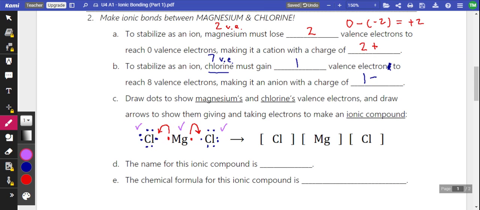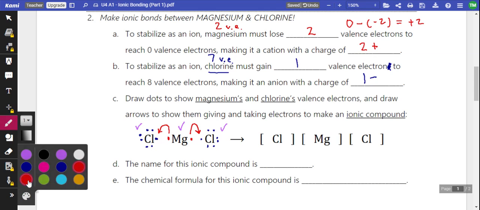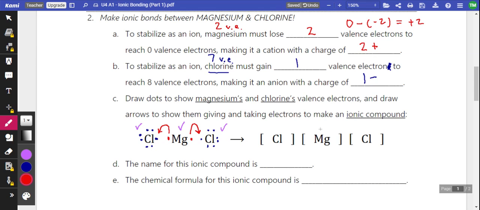All right. So what we would be left with is magnesium with no valence electrons other than the 8 that we kind of have in the energy level underneath what we were looking at, with a positive 2 charge. Again, we show that with a 2 plus up in the top right. Each chlorine has a negative 1 charge, but the 1 is implied, so I can do a little negative sign, and our chlorine had 1, 2, 3, 4, 5, 6, 7.